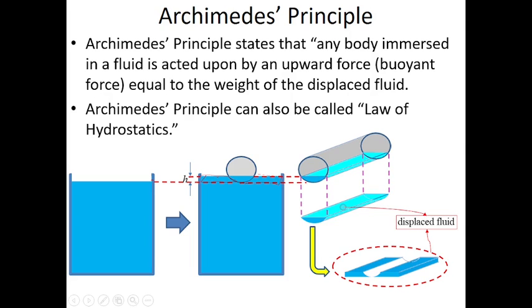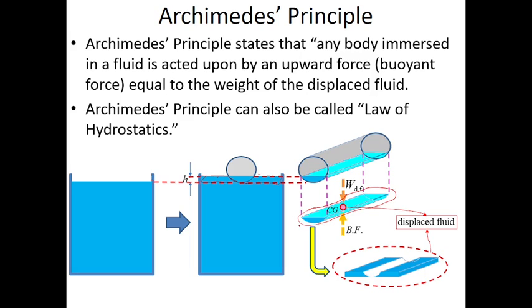Considering the displaced fluid, this is the center of gravity. And what are the forces acting at the displaced fluid? We have the weight of the displaced fluid and the buoyant force. Those are the forces acting at this imaginary liquid.